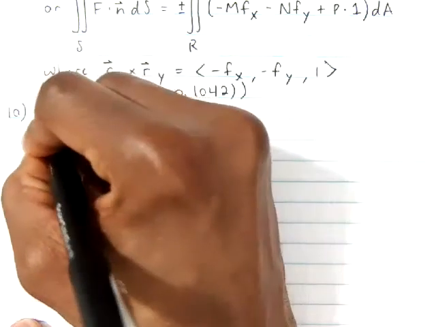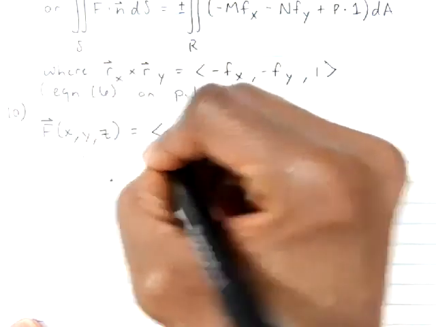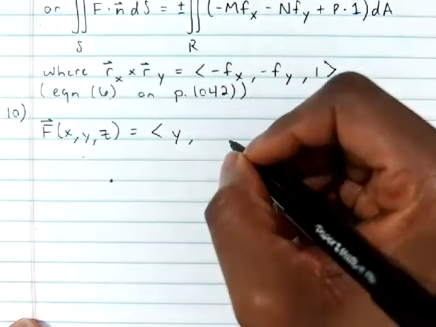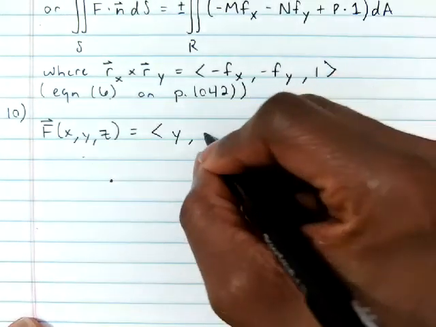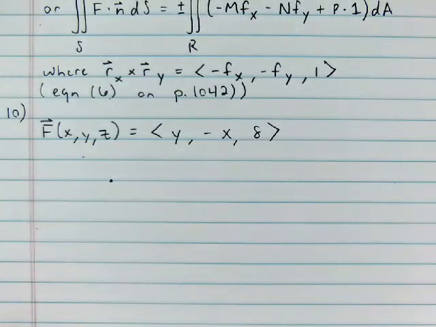They give us the vector field: f of x, y, z is y, negative x, 8. And they tell us sigma, or S, which I'll call it, is the part of the paraboloid z equals 9 minus x squared minus y squared above the xy plane. N is directed upward.